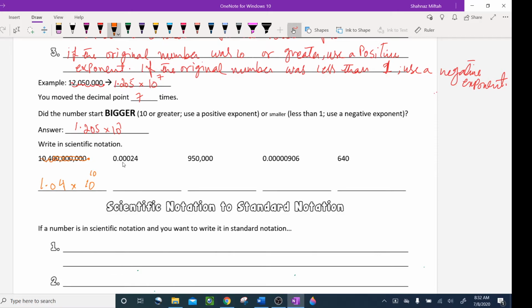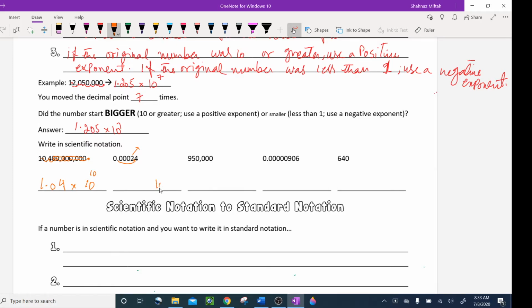Okay, let's try that one. Now I can see the decimal is right here, but I should have one digit before the decimal other than 0. So I'm moving this decimal up here. How many times did I move? 1, 2, 3, 4.